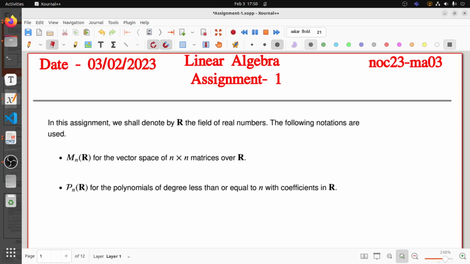Okay, so now move to the next one. It's saying that span of A equals span of B if and only if A equals B, right? Span of A equals span of B if and only if A equals B. So first check this direction. Assume A equals B. And then span of A equals span of B, you have to check.